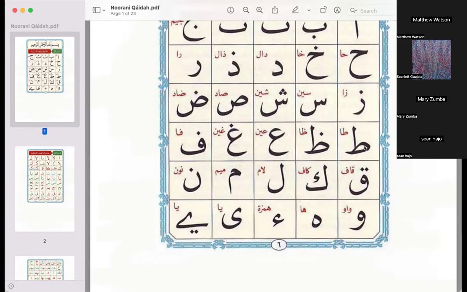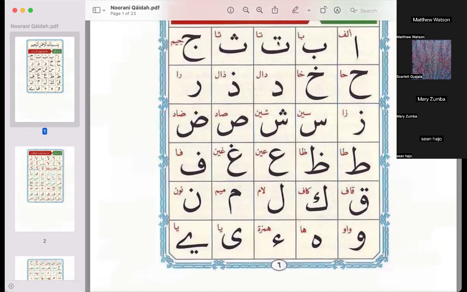I hear 2 different things, so I couldn't hear the detail. Even my notes are weird. Okay, can you repeat it slowly? Ta. Is it a TH sound or a D sound? It's a TH sound, but unlike ta, this is ta, the 3rd letter, alif, ba, ta, right?